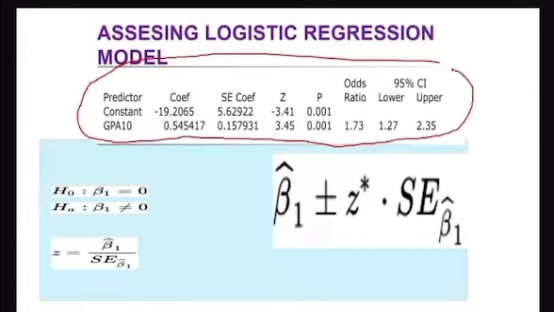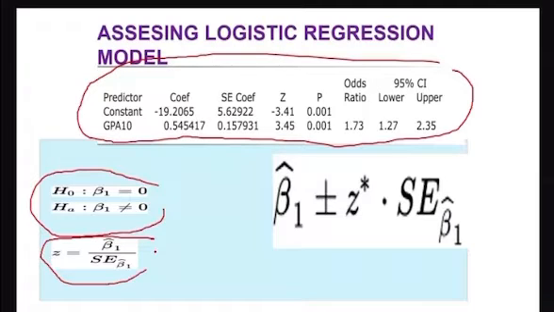Now when I have this output from R, if I want to assess the model, I'm actually going to test the slope, just the same way we did in a linear regression. But let me tell you, we're no longer going to be focusing on T. You remember in the linear regression, it was the T test, the estimate divided by the standard error.